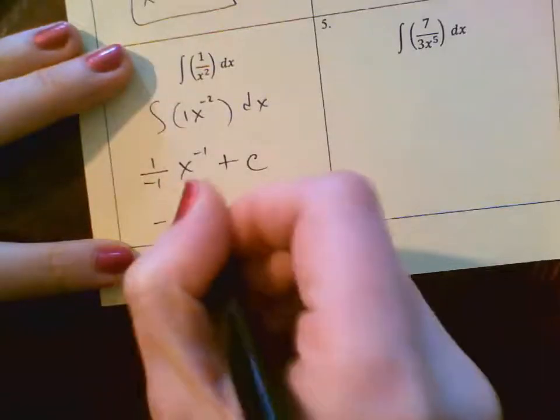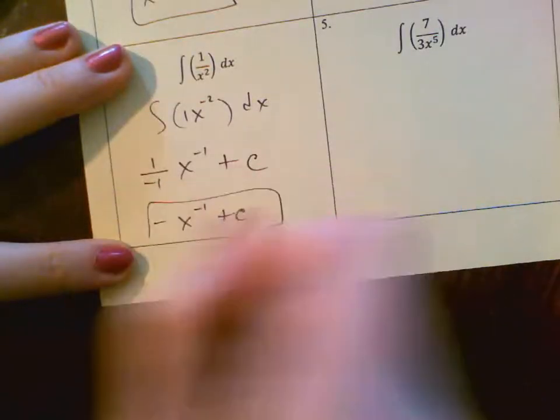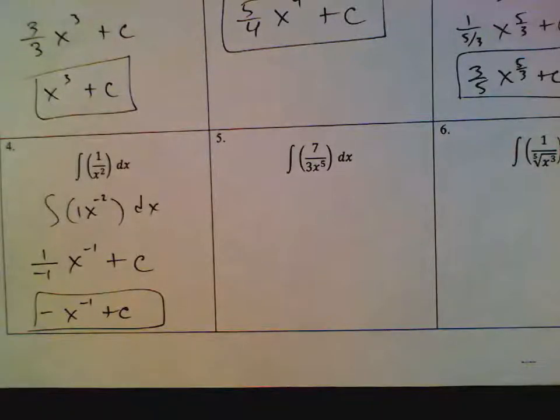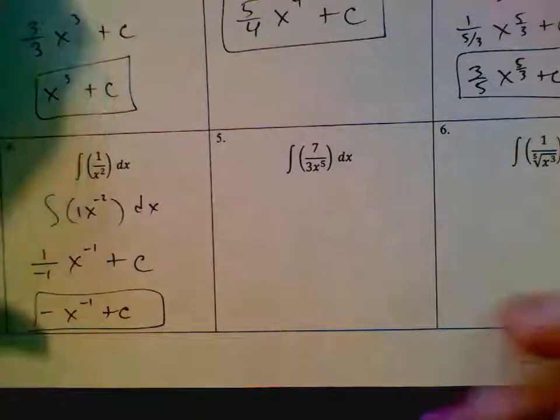So that's -x to the -1 plus c. Guys, don't worry, you're going to have a ton of practice. And you want to do all of the practice, because you've got to be just as fluent with going backwards as you are with going forwards.